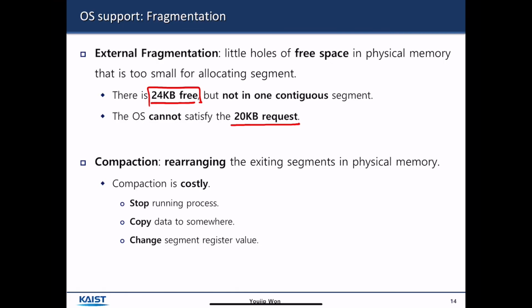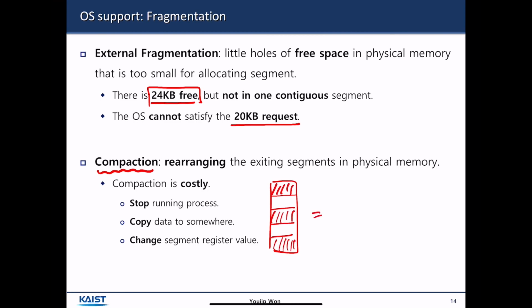The only approach to address this problem is compaction. Compaction is an activity of rearranging the existing segments in physical memory. Compaction is costly. Let's say there are three segments, here, here, and here.